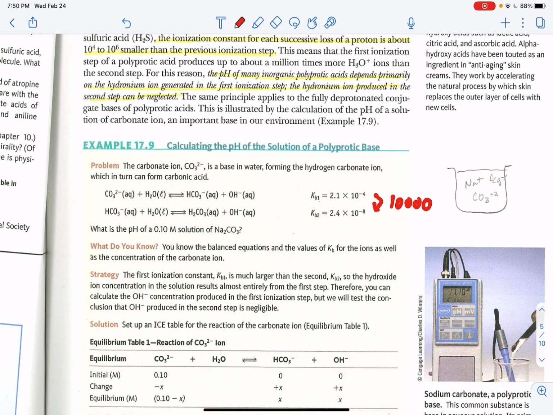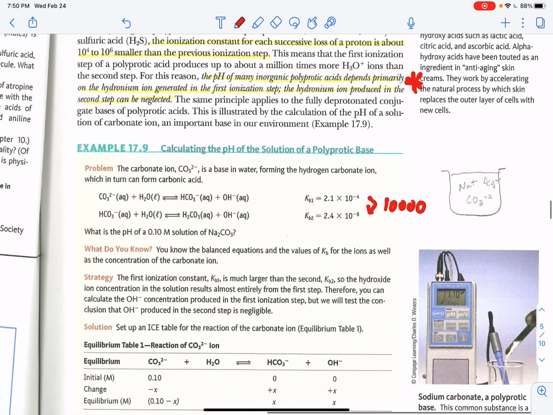This seems to be pretty consistent. We can make a general rule of thumb up here. I would remember this, by the way. When you have a polyprotic acid, your pH is primarily the result of losing the first proton. You can basically stop there. When you try to make any minor adjustments to the pH by trying to lose the second proton, it's not going to make any difference at all.